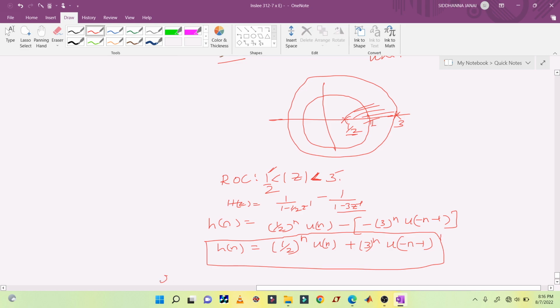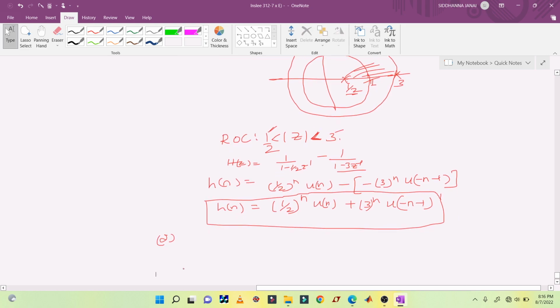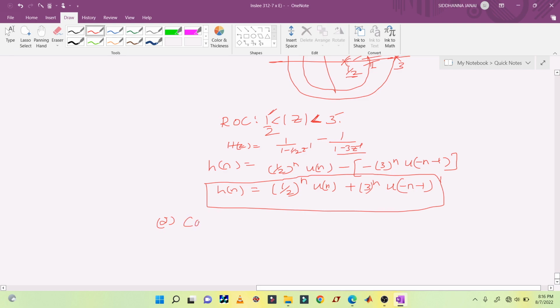Okay. Second condition is the system to be causal. For the system to be causal, what is the condition we have? We need to have ROC outside the outermost pole.